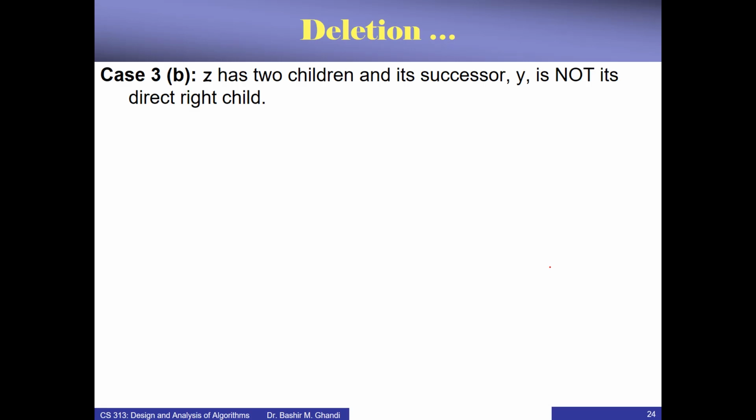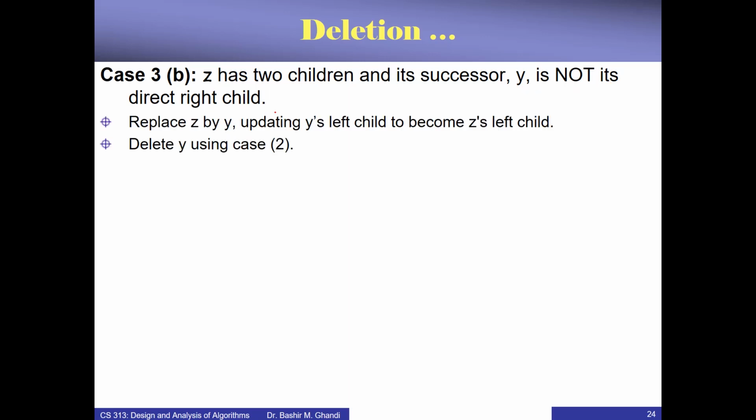Okay, the last case is where the successor is not an immediate right child. So Z has two children, and its successor Y is not its direct child. In that case, you have to do two steps.